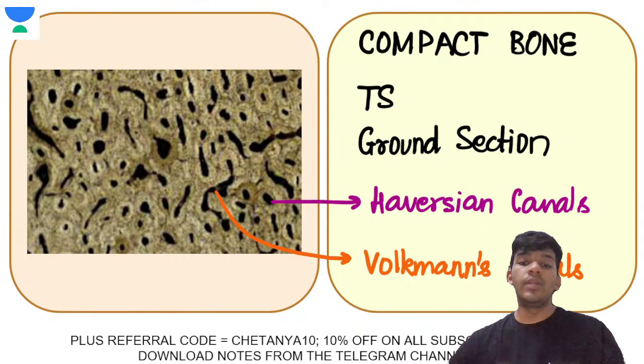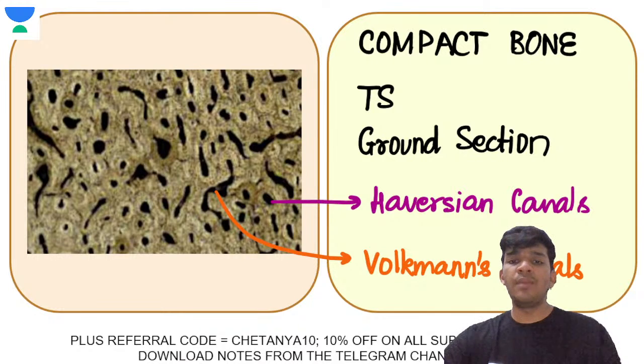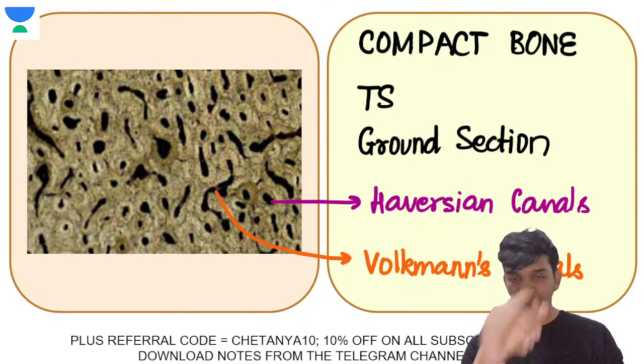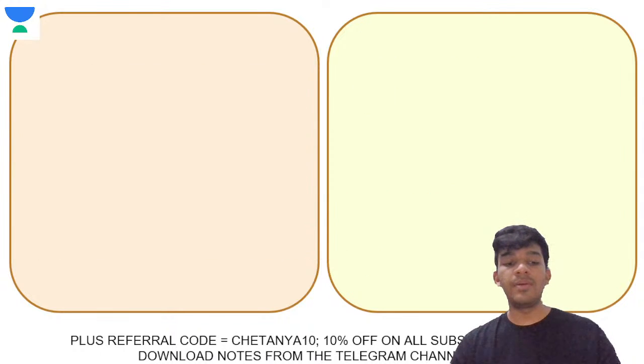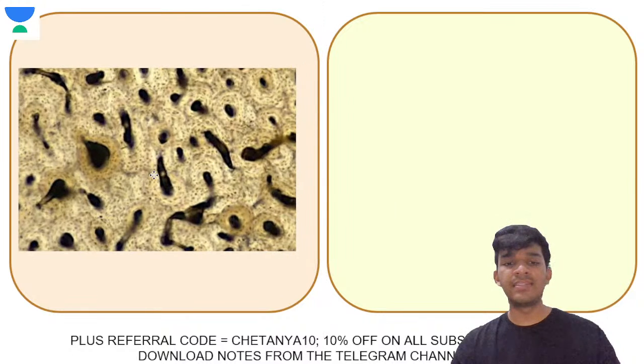So that's the first thing that you need to identify. Now, if I help you guys identify some more things, let's try to do that. Maybe that will help us in identifying these slides a little better.